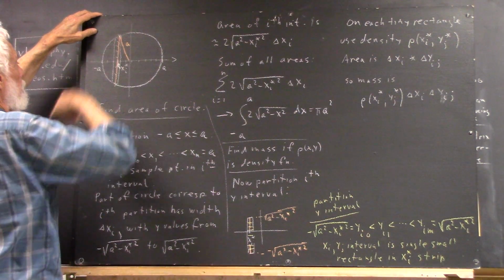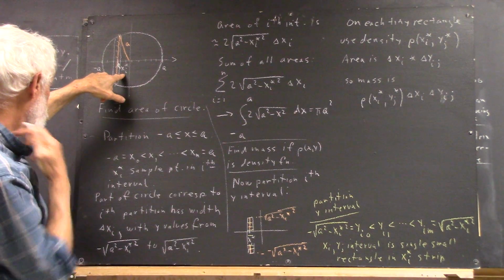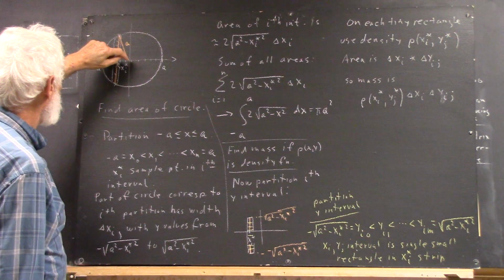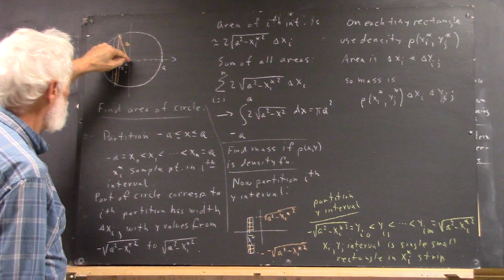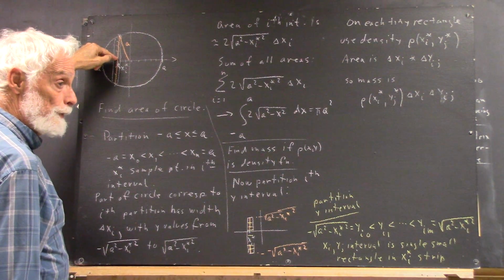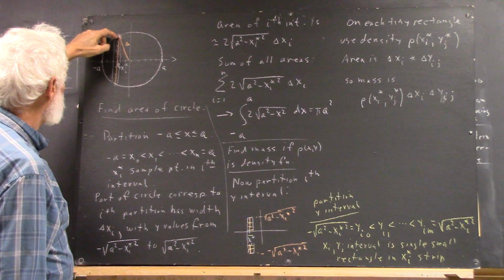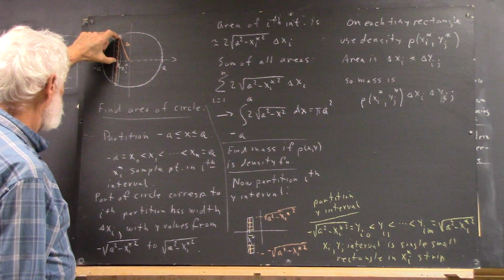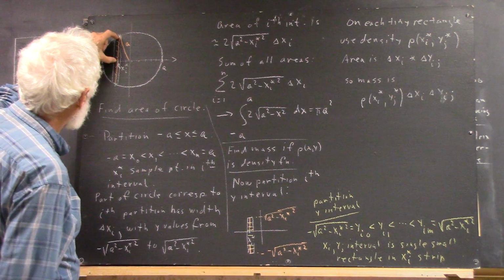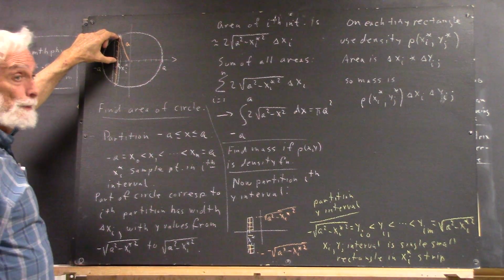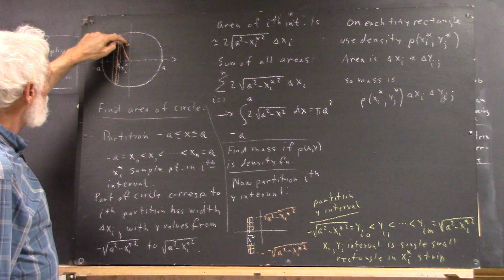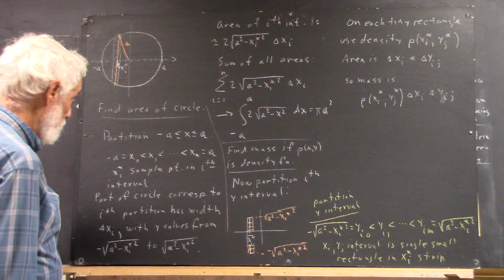Now these points correspond to x coordinate x sub i star, so by the Pythagorean theorem, the right triangle from here to here to here and back has hypotenuse a. This leg is x sub i star, so this distance here, this displacement here, is just the square root of a squared minus x sub i star squared.